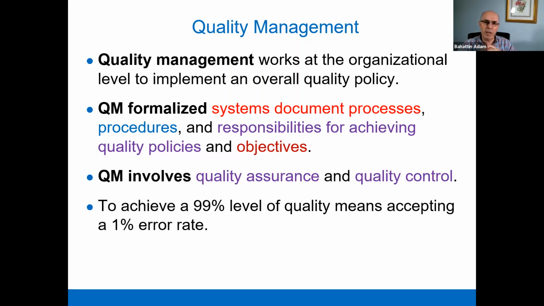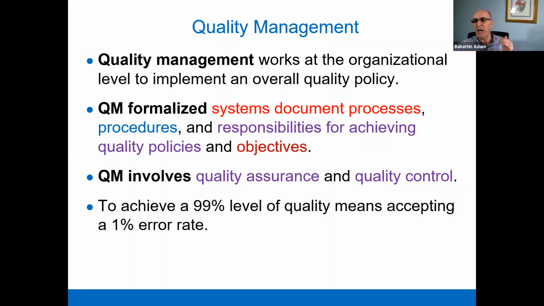Quality management is a formalized system of documents, processes, procedures, and responsibilities for achieving quality policies and objectives. And it involves quality assurance and quality control. I am going to share with you what quality assurance and quality control mean.